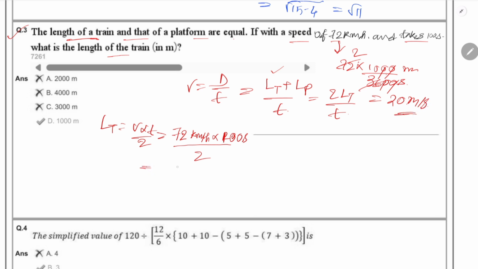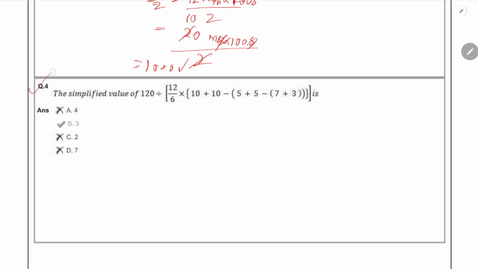So the value will be 20 meters per second into 100 seconds, cut down by 2. This is 10. The final value is 1000. Option D is correct.